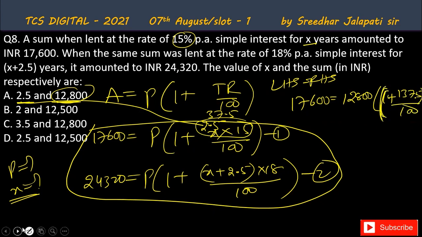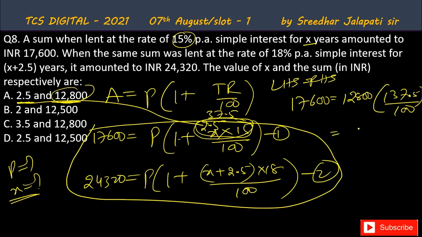This total expression is 137.5 by 100. I repeat that point. When I take X is equal to 2.5, 15 into 2.5 is 37.5. 1 plus 37.5 by 100 is 137.5 by 100.